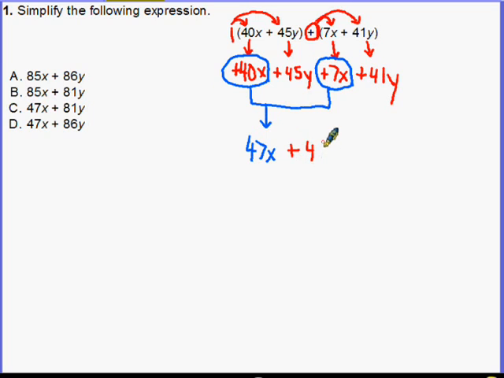Alright? And I'm going to rewrite the rest of the problem. So I still have my positive 45y, and I still have my 41y. And you can probably go ahead and guess what I'm going to do next. I'm going to combine my y people. I have 45 y's, and I'm going to add 41 y's together.